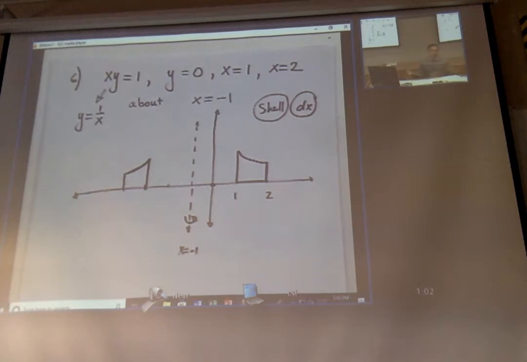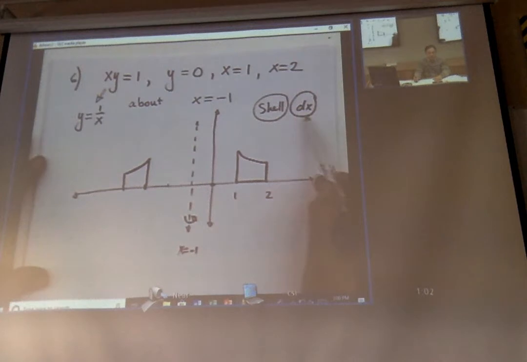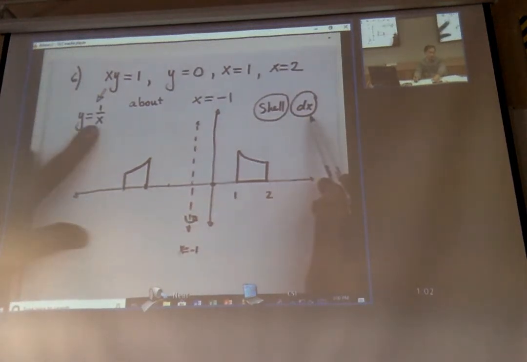So on what interval is your picture? From 1 to 2. So we know those things. The other thing is, everything must be solved for y, because it's dx. So we have it, it's 1 over x, that's what we need.